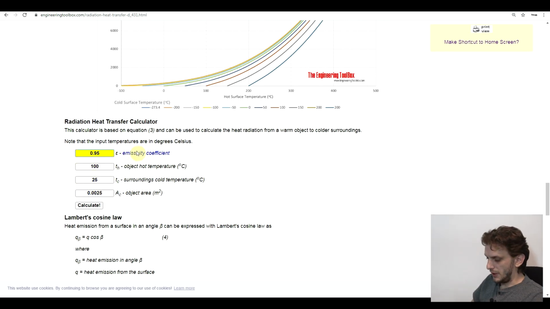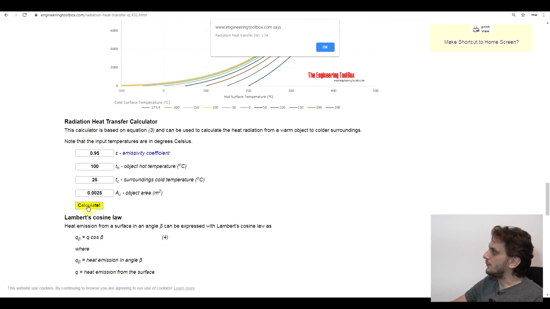So let's say we have a highly emissive object, 95%, and the surface area is around 0.0025 square meters, or in other words, 25 square centimeters, so a 5 by 5 square. And under these conditions, you could end up dissipating 1.5 watts, so quite a significant amount.